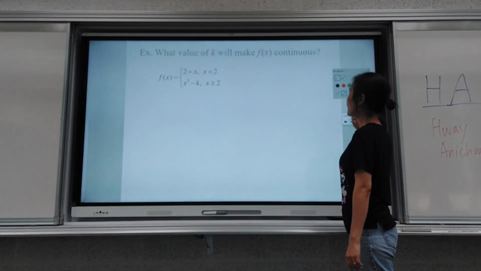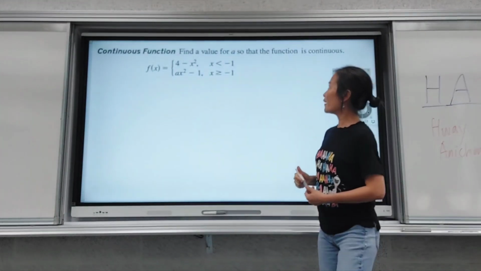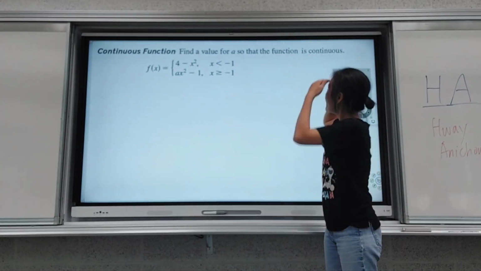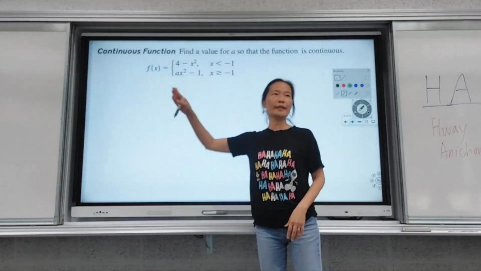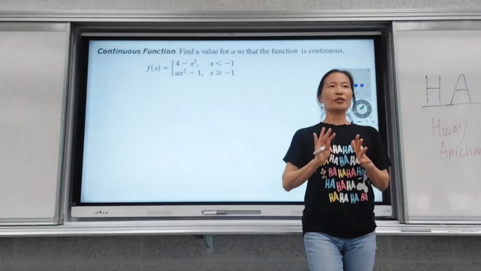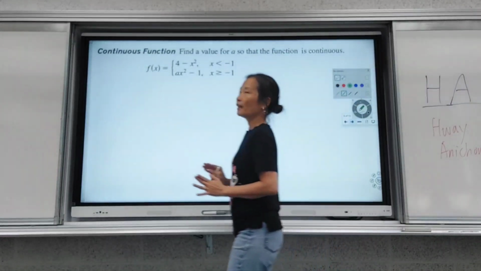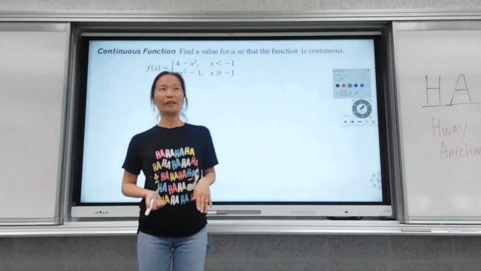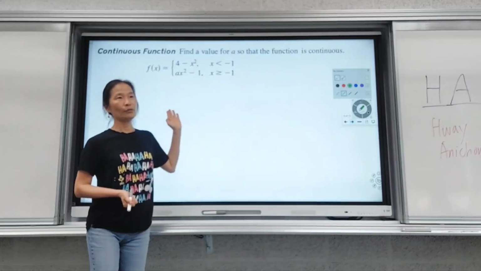We have more questions. So, continuous function, can you find a value of a so that the function f will be continuous? It's a piecewise function. The only single point we need to check is which point?